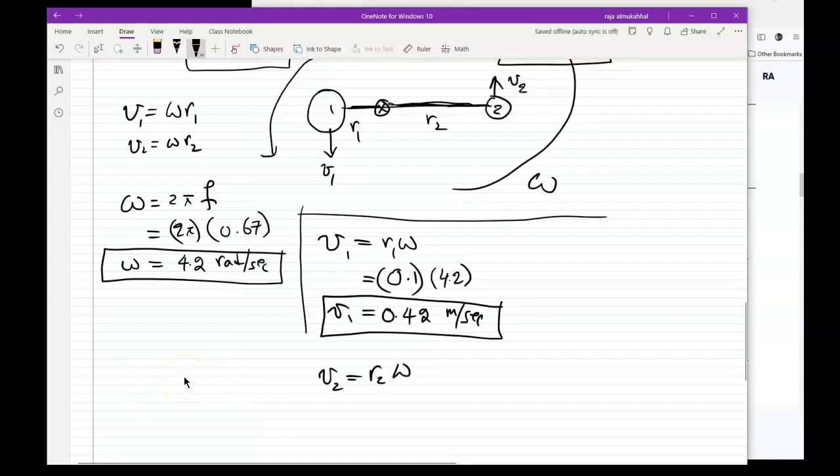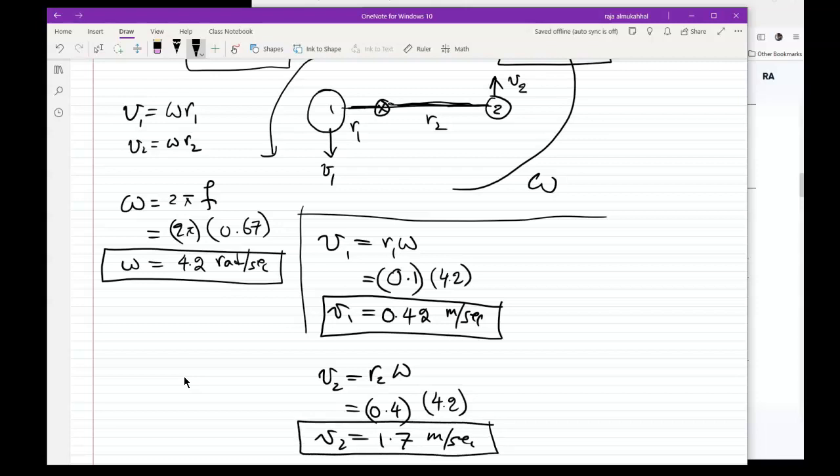So 0.4 times omega, 4.2, equals 1.68, 1.7 roughly, meters per second. So it's a lot faster because it has a larger radius. You got that? And there we go. That's how we do this problem.